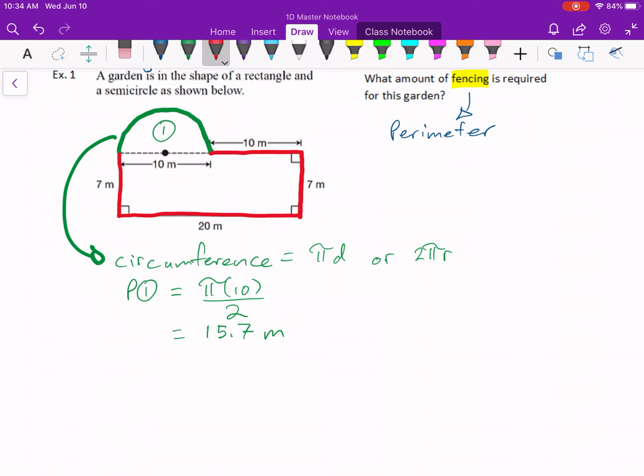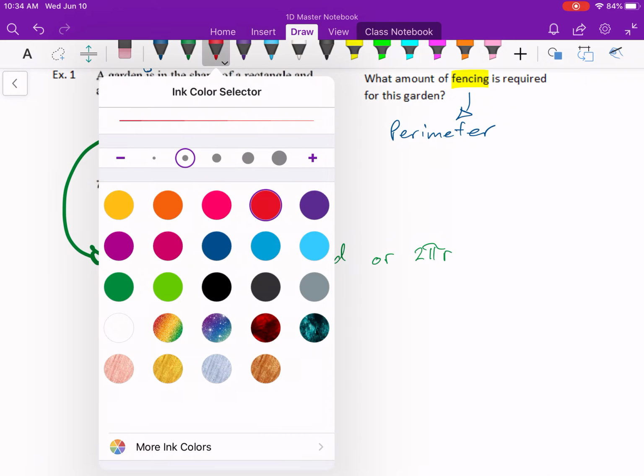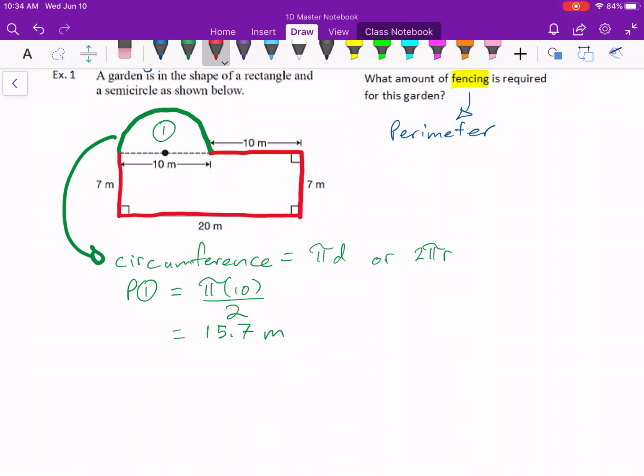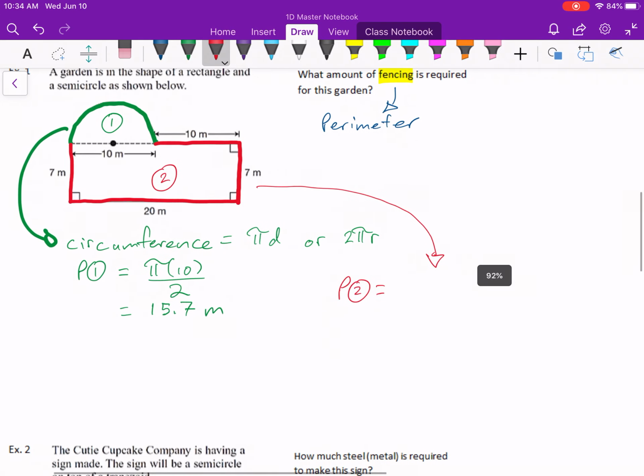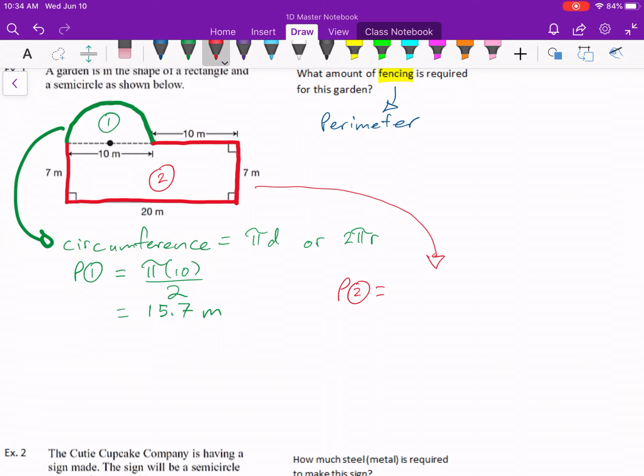The perimeter for the rest of this, we don't need to do any calculations here. I'll call this part 2. If I start in the top left corner of the red, then I can go down, and I've got 7. So I'm going to go this way, and then I'm going to go across.